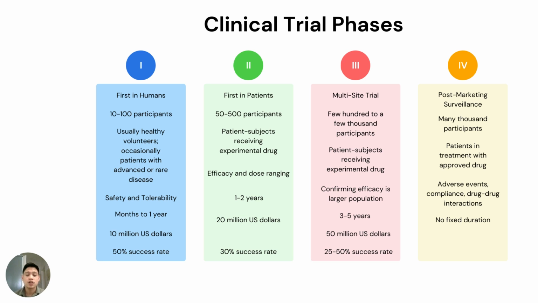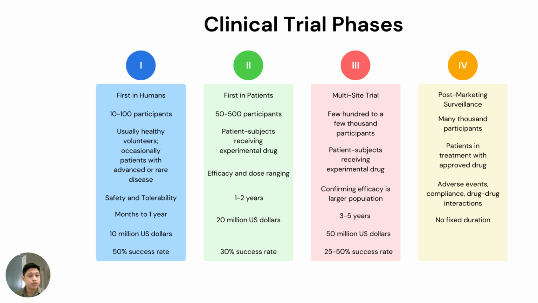Now, phase 3, if you think about it, would be an expansion of phase 2. So we have a multi-site trial. Meaning, at the same period of time, so many countries or so many hospitals are conducting the trial.